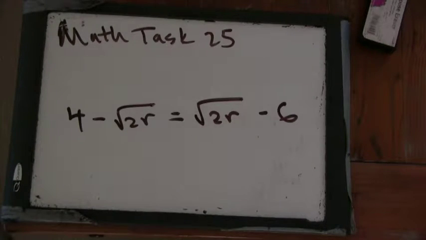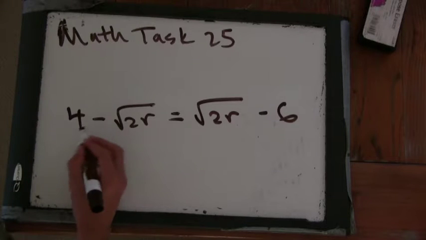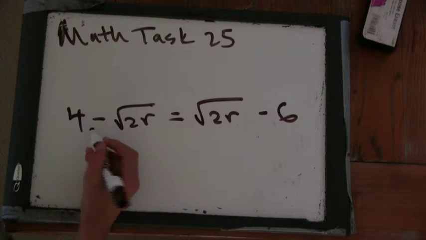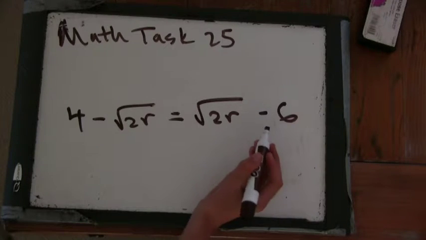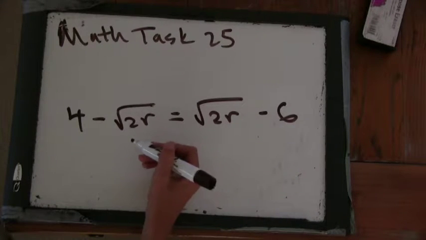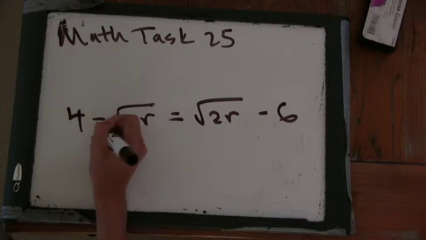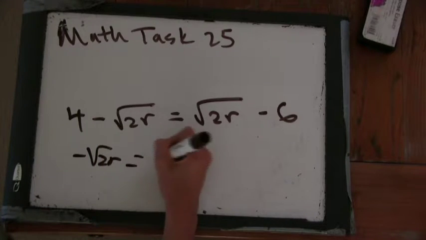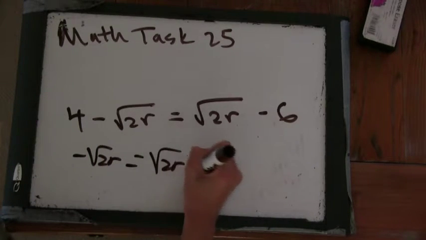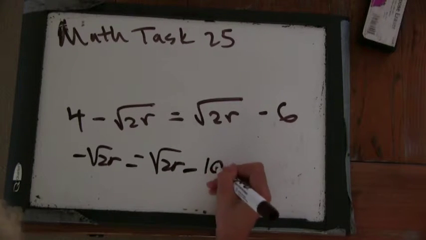Okay. So, we could subtract 4 here because we're trying to get the integers on this side and non-integers on this side. So if we subtract 4 on both sides, we get minus square root of 2r is square root of 2r minus 10.